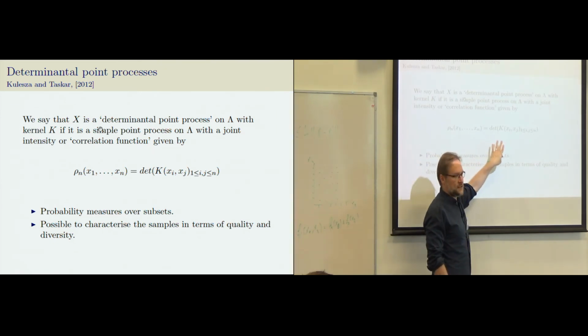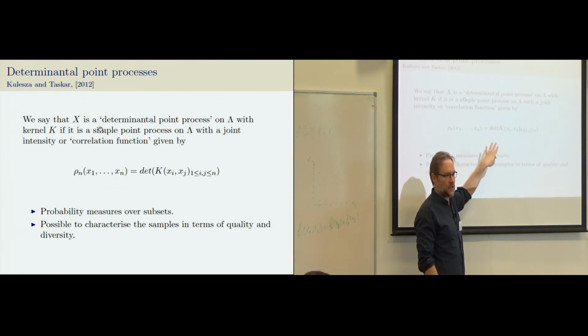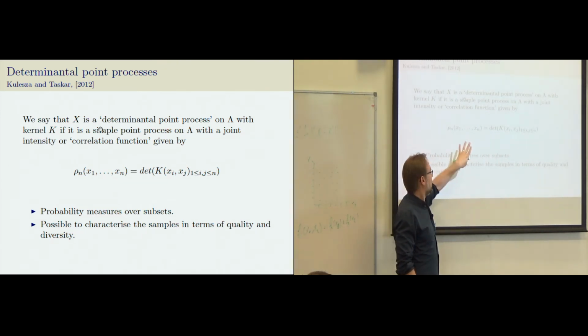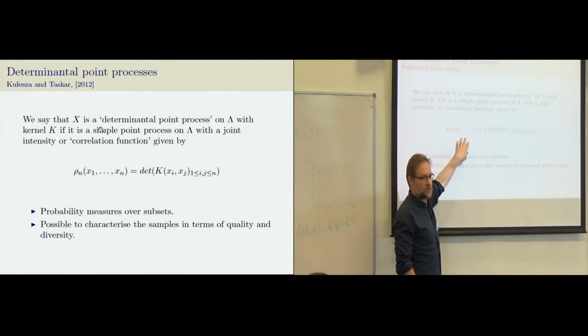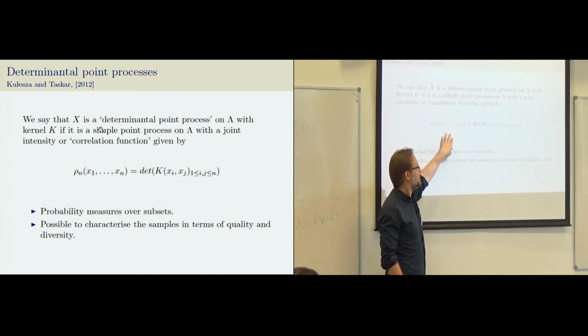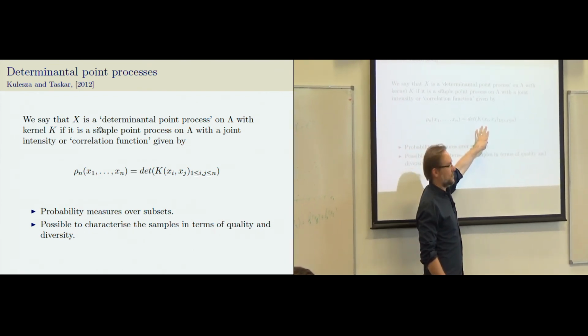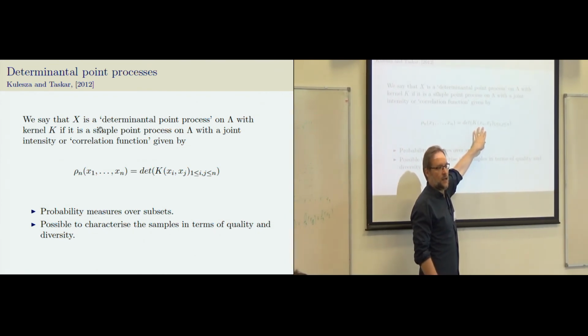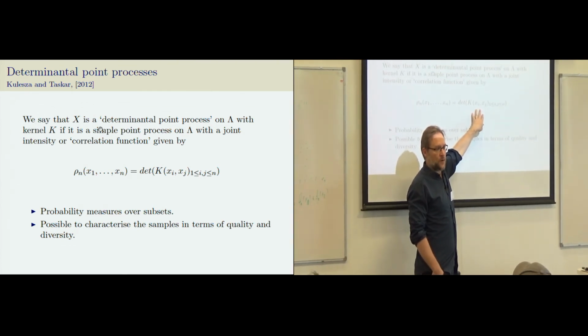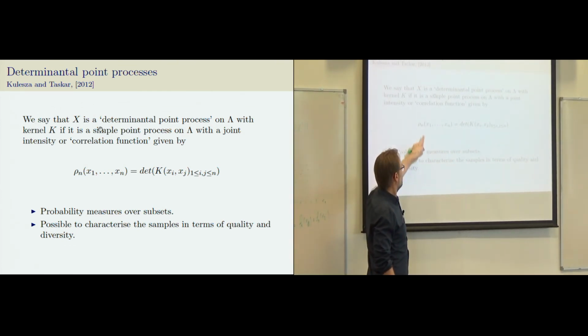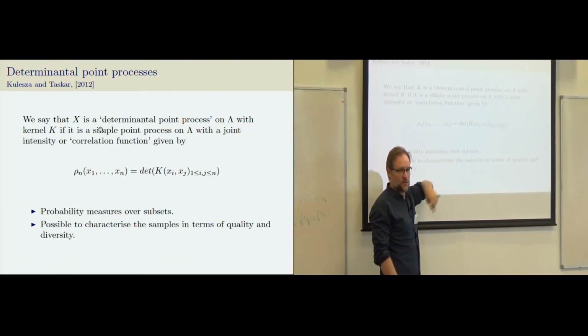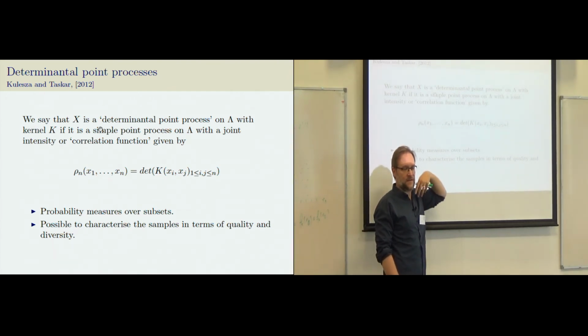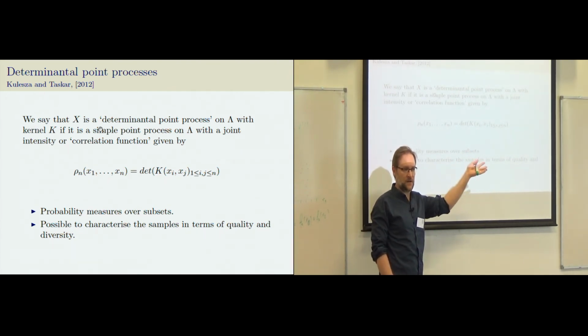They are called determinantal point processes because they define the probability of finding 2 points together in the sample as proportional to the determinant of the kernel associated with those 2 points. Imagine that you have a set of points x1 to xn, and you define a kernel, which can be an RBF kernel, for instance.